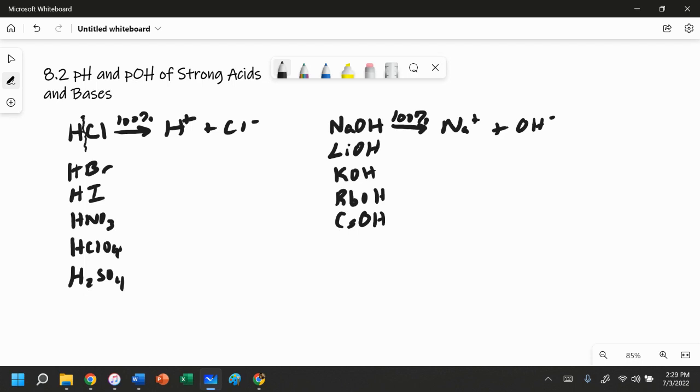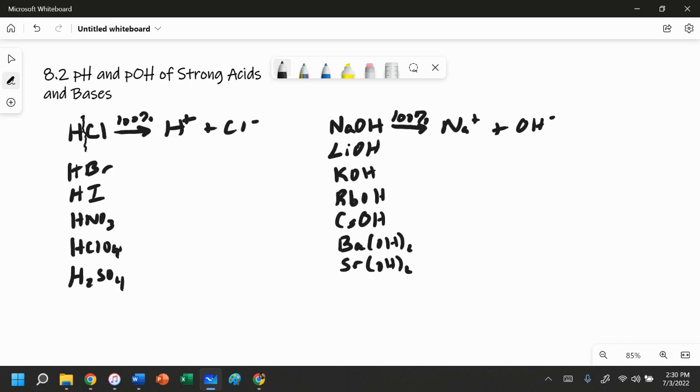There's two more hydroxides, and they are alkaline earth metal hydroxides, way down at the bottom of the alkaline earth metals. So barium, when bonded to hydroxide, dissociates 100%, and strontium, when bonded to hydroxide, dissociates 100%. So these are your strong bases. And again, it's all based on whether they dissociate 100%.